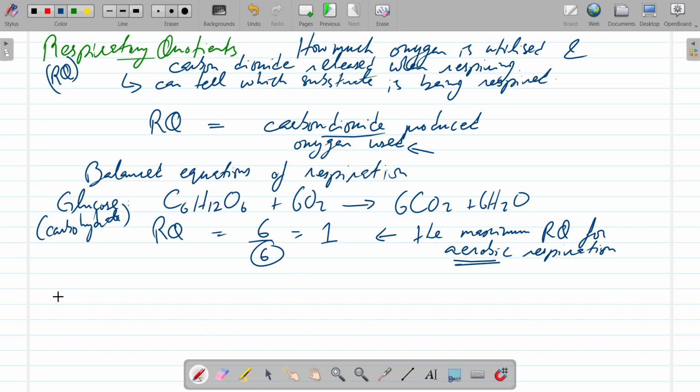If we talk about lipids, the RQ is about 0.7. An example in this case is the fatty acid called oleic acid, from olive oil.